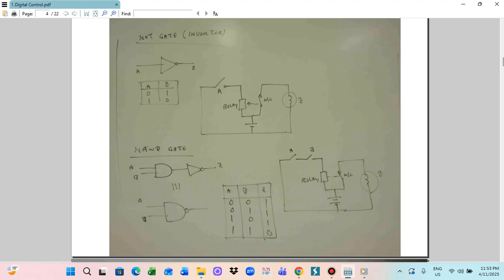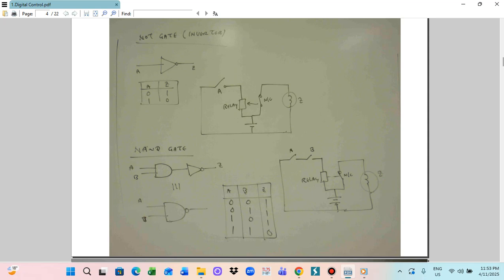When you put A here, the relay is attracted and the normally closed contact opens. So when A is closed, the normally closed contact is attracted so that Z does not get the electricity. When A is open, the relay releases the normally closed contact, so the normally closed contact will be closed, and then we receive the electricity.